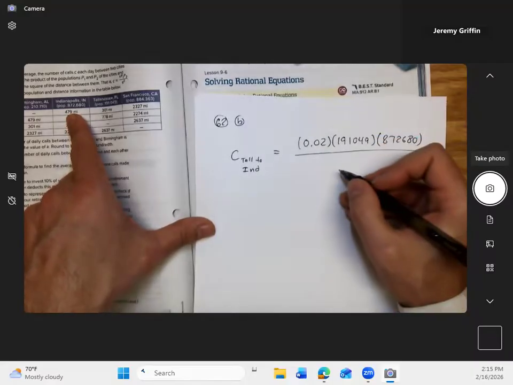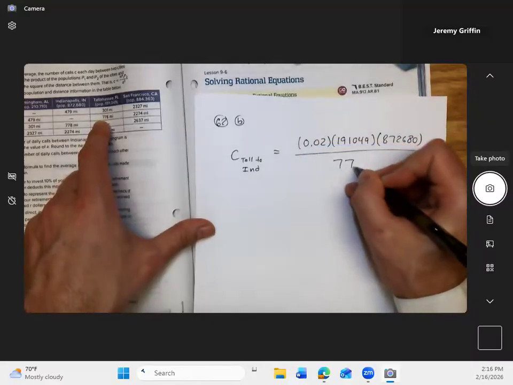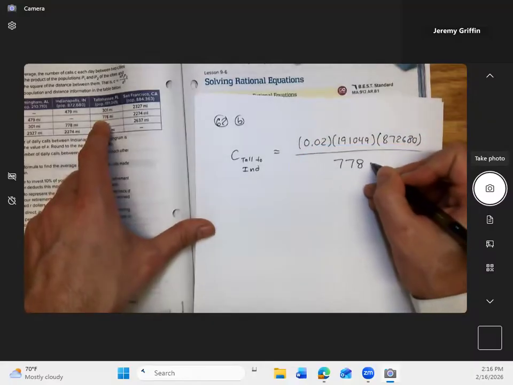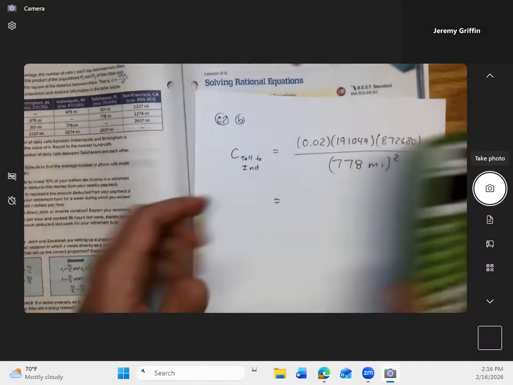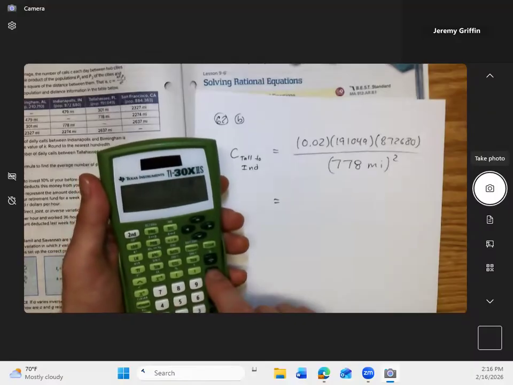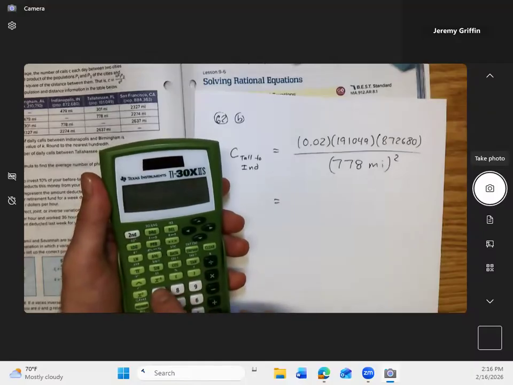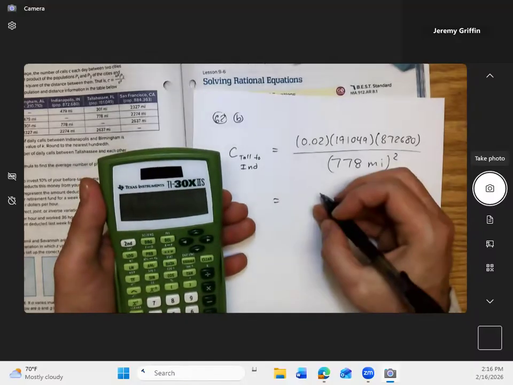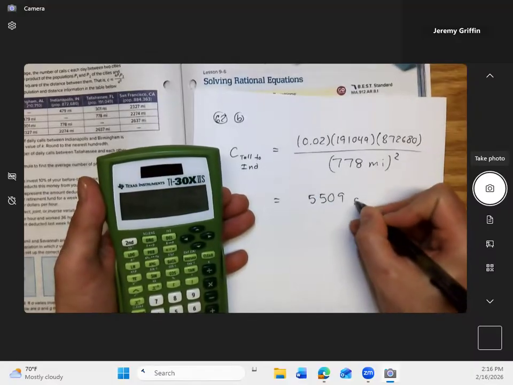All right, and then divide by the distance between Tallahassee and Indianapolis, 778 miles. Don't forget to square that. See what this is. 0.02 times 191,049 times 872,680 divided by 778 squared. I'm looking at 5,509 phone calls.